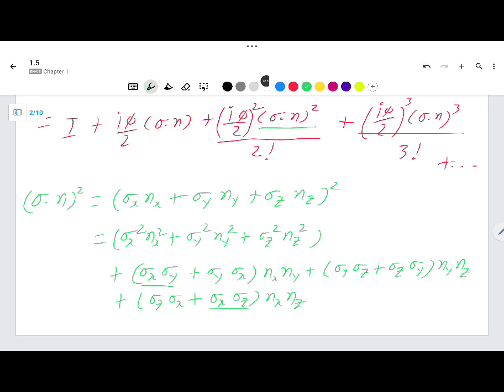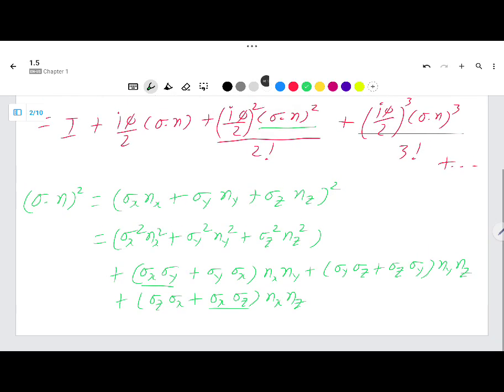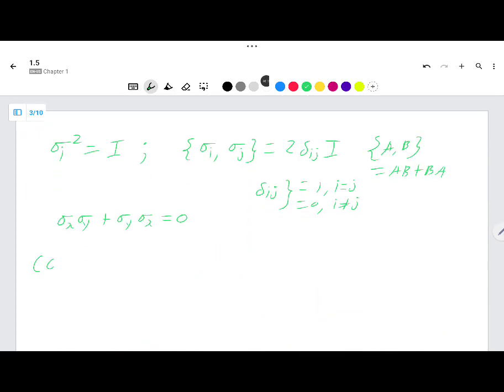Since the indices are not the same, all the terms like sigma x sigma y plus sigma y sigma x turn out to be 0. So sigma dot n squared will become n x squared plus n y squared plus n z squared. And since we are taking this to be a unit vector, the mod of n will be 1.